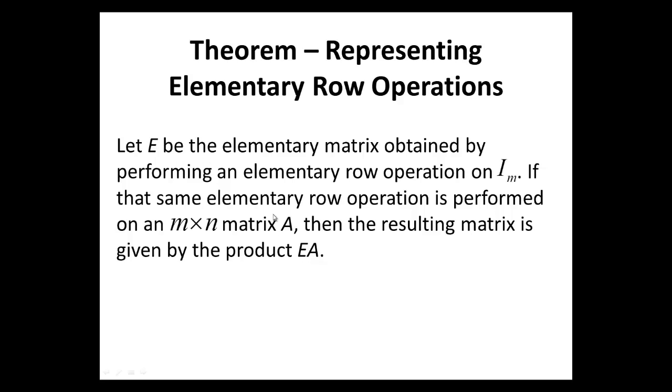So if I multiply E by A, I get EA. I would have simply performed the exact same elementary operation on A which I just performed on E. So if I can get a couple of E's to move A to a matrix it is row equivalent to, all I have to do is multiply on the left by E.